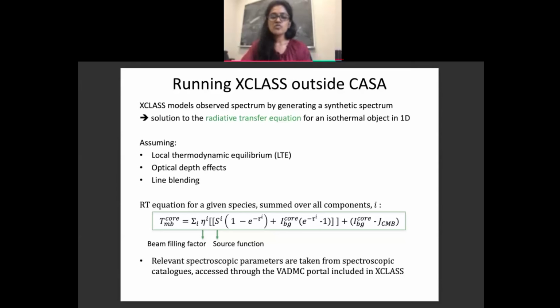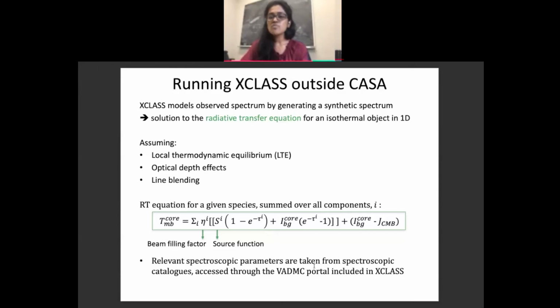Now, it also takes into account optical depth effects as well as line blending, all of which require information about the spectroscopic parameters of the different species, such as the frequencies, as well as the Einstein coefficients, etc., which David had already mentioned in his slides. Now, X-class does this by accessing different spectroscopic catalogs, including CDMS, like David mentioned, through the WAD-MC portal.